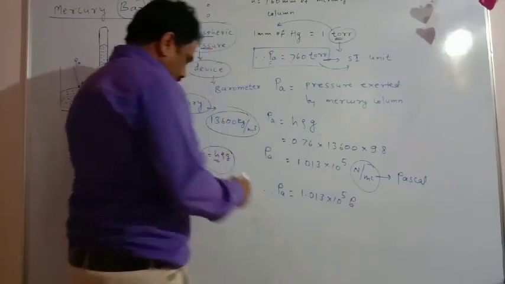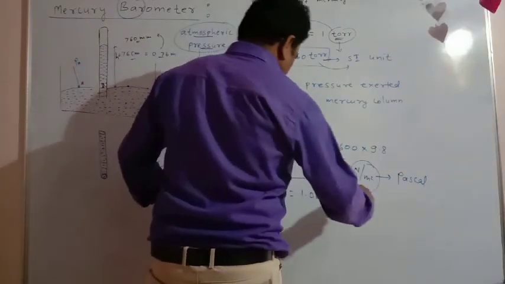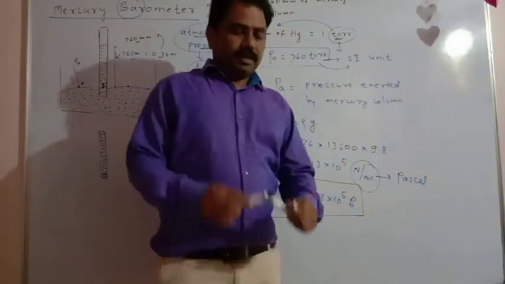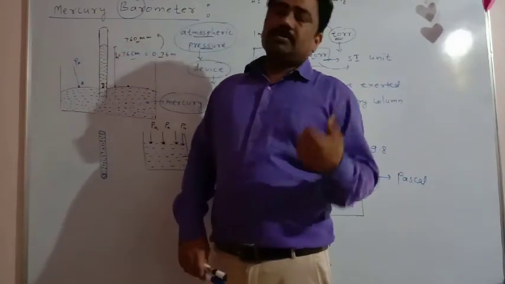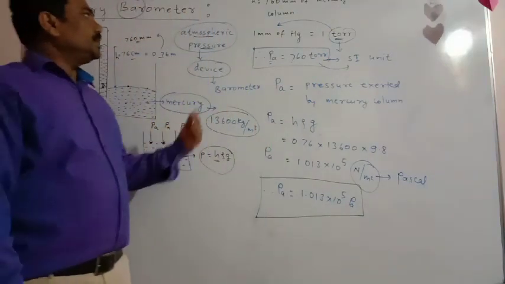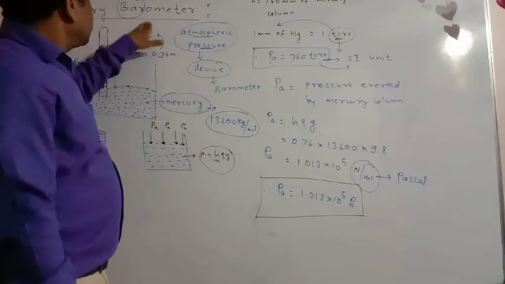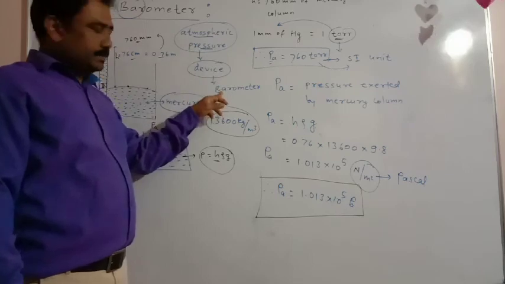In this way we can measure atmospheric pressure using this device, which is called a mercury barometer. It is a very simple device and it is used to measure atmospheric pressure. So we can define a barometer as a device which is used to measure atmospheric pressure.